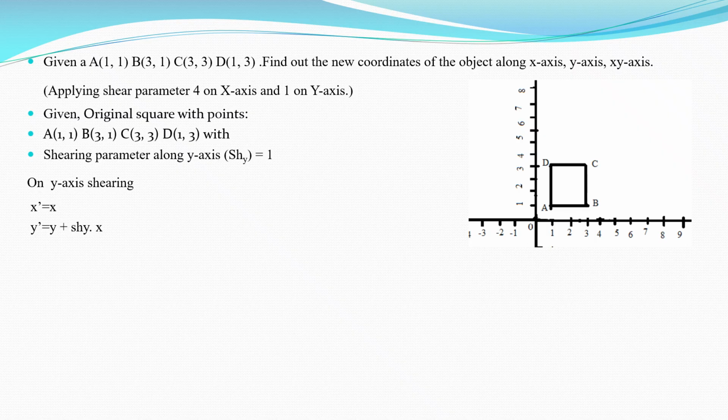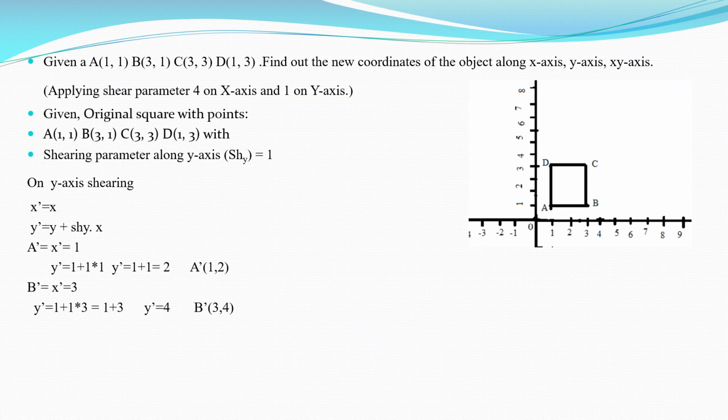First we find A dash. x equals 1, and y dash we get as 2. Y is 1 plus the shearing of y, which is 1, into x, which is 1. So 1 plus 1 into 1 is 1, and 1 plus 1 is 2. So A dash is 1 comma 2. X is 1, y is 2.